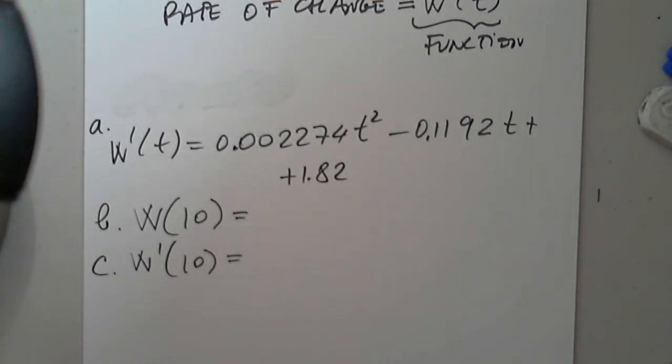I'm going to plug in the function first. So 0.30758 x to the third, and then minus 0.0596 x squared, and plus 1.82 x, and plus 8.15, and I'm going to put in the derivative, 0.002274 x squared and then minus 0.1192 x, and then plus 1.82.